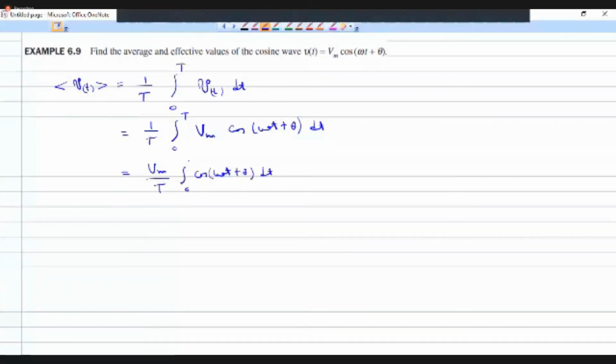Sine of omega t by omega, and the limit is from 0 to T. So what will happen here? So what is this value?